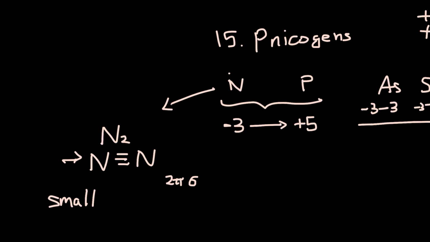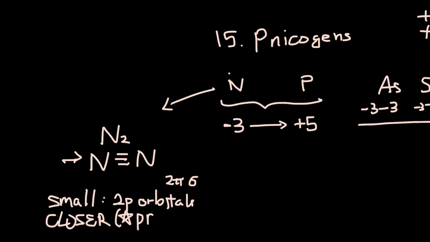Phosphorus is way too big compared to nitrogen, a small atom, so the electrons in the 2p orbitals are closer together so that they can have this triple bond be stable. So proximity is very important for triple bonds to be stable. That is why nitrogen, the diatomic molecule, is very, very stable.